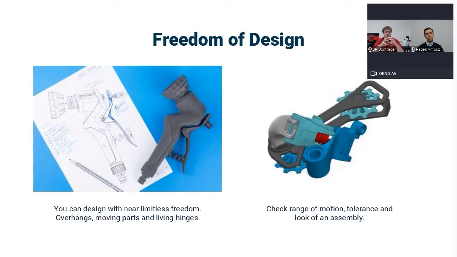Now, again, because you don't have to worry about support structures, you don't have to worry about any of the little things that would normally impede your method of design. You can actually use anything that you need to make your design happen. And SLS printing is extremely high in accuracy and tolerance.